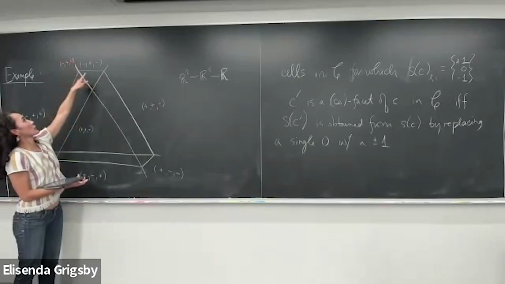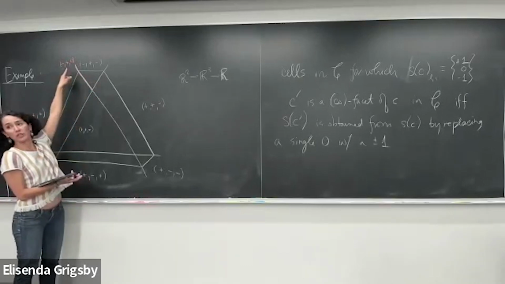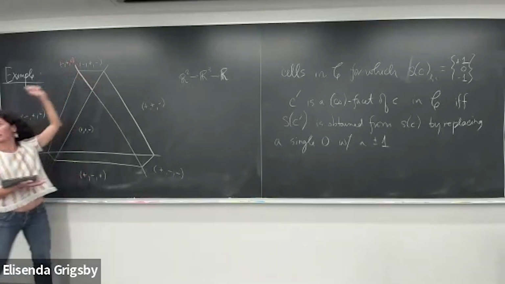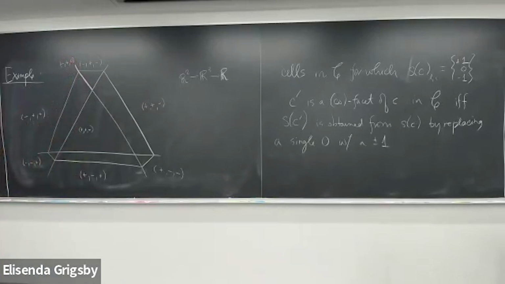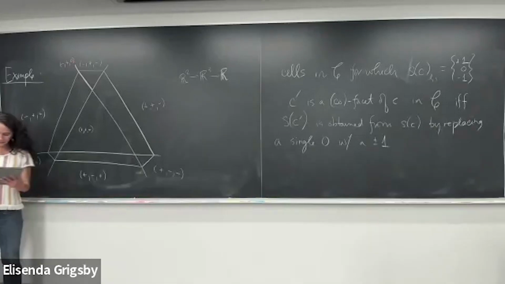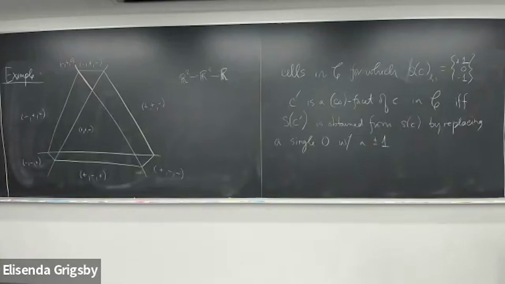And you realize that from this by changing one of the zeros to a minus. So there is no 0, 0, 0, and there's no minus, minus, minus. So this map S is very far from surjective in general. Questions?